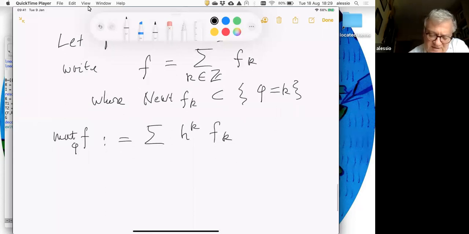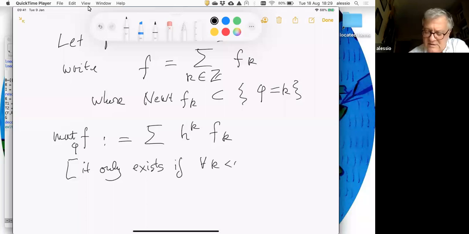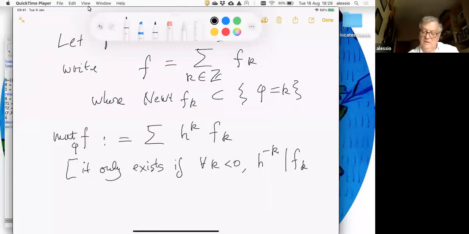So this thing only exists if for k negative, h to the minus k divides f sub k. Okay. So it's a bit of a mouthful.